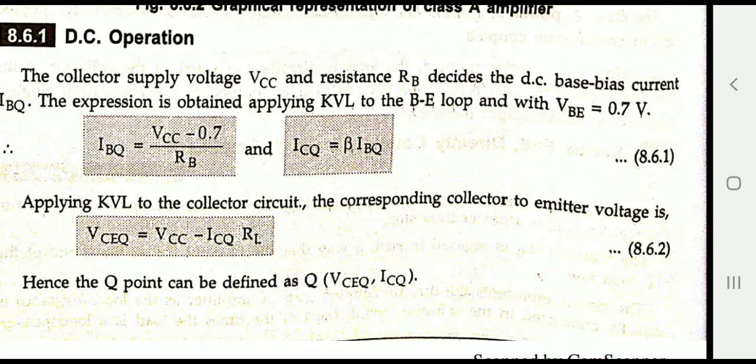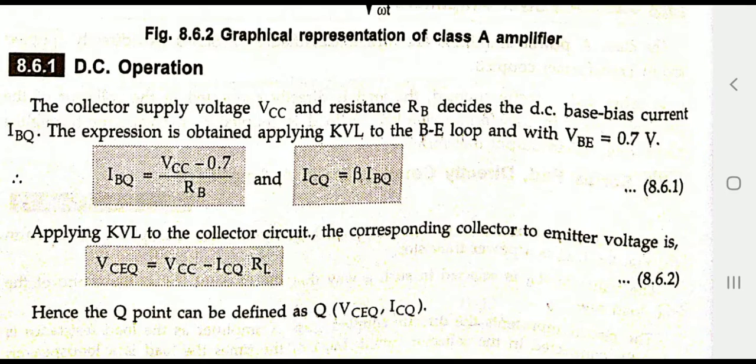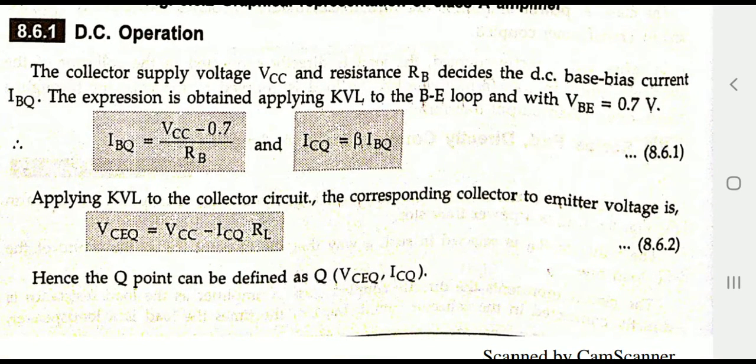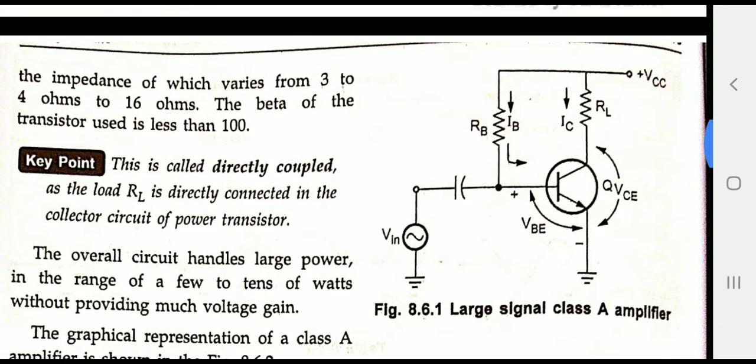Here 0.7 is nothing but VBE. Similarly, the collector current, as we know, is IC equals beta into IB. Now for the output voltage VCE, again from the DC equivalent circuit, I apply KVL to the path VCC, RL and VCE.